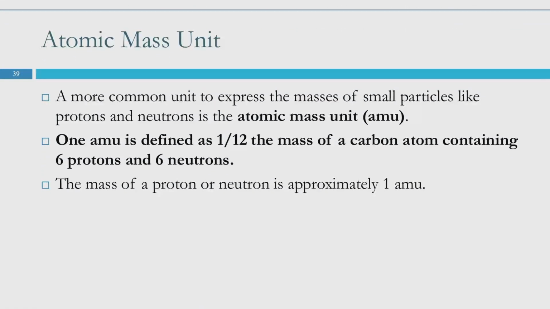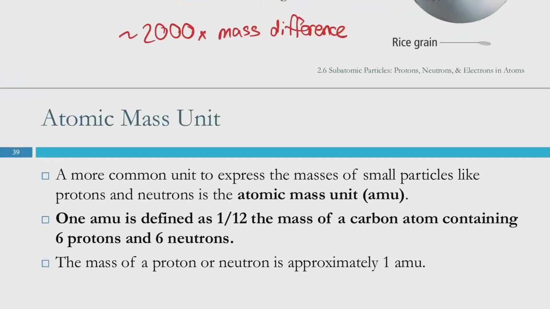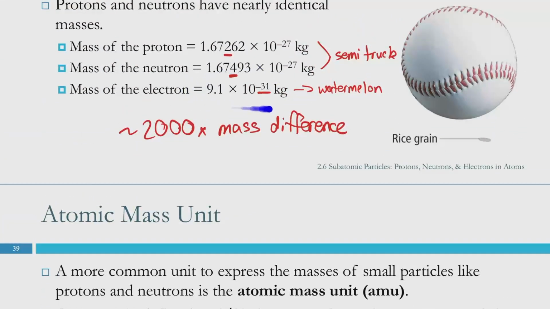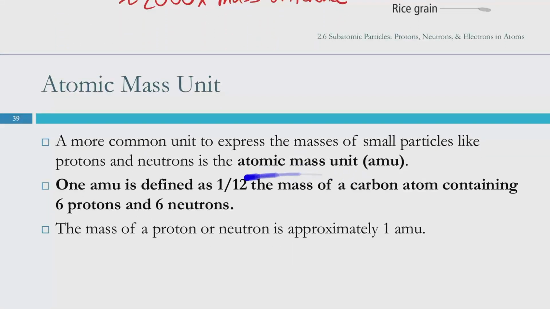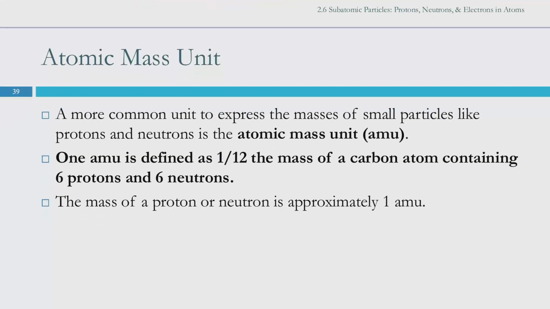Usually when we're talking about really small particles, rather than expressing them in this scientific notation with units of kilograms, instead we talk about them in terms of atomic mass units. And our atomic mass unit is defined here. It's based on the mass of a carbon atom. So it's 1/12 of the mass of a carbon atom that has 6 protons and 6 neutrons.